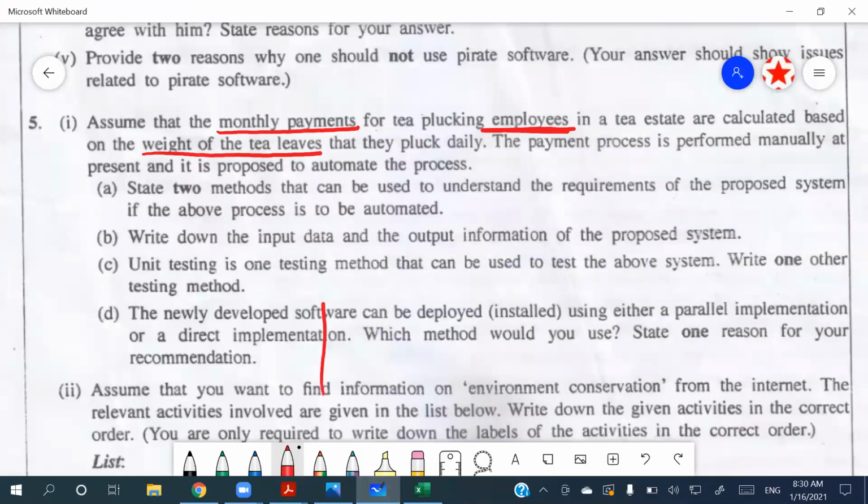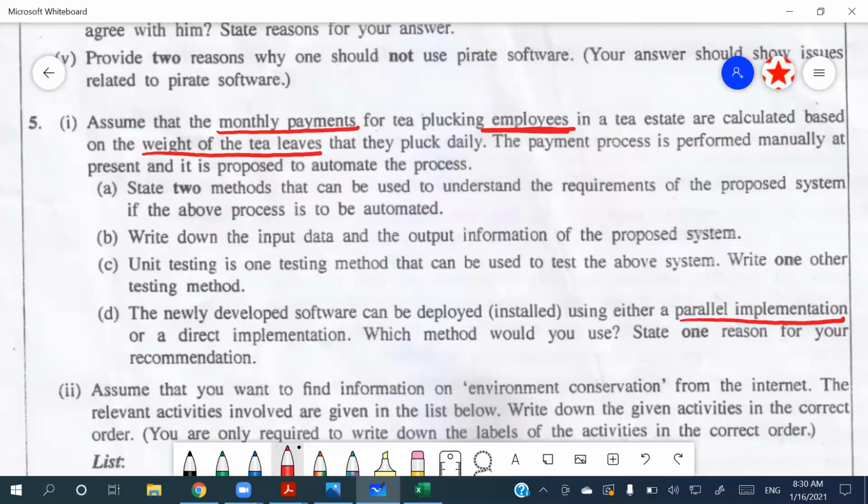So part D. The newly developed software can be deployed using either a parallel implementation or a direct implementation. Which method would you use? State one reason for your recommendation. It's better we use the parallel implementation, because when the direct implementation is done, if we go wrong with the new system, we don't have any backups.